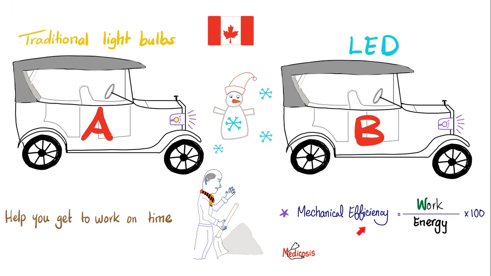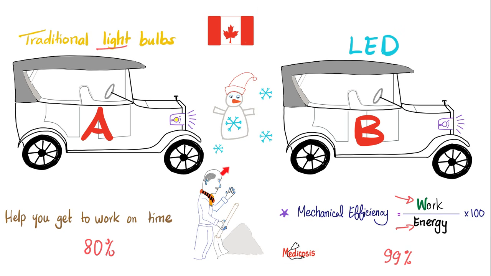What do you mean by efficient? I mean mechanically efficient. I mean the vast majority of the energy is being used to actually emit light, giving you an efficiency of about 99% or something. But the traditional light bulb will waste too much energy in the form of heat, giving it an efficiency of, let's say, 80%.